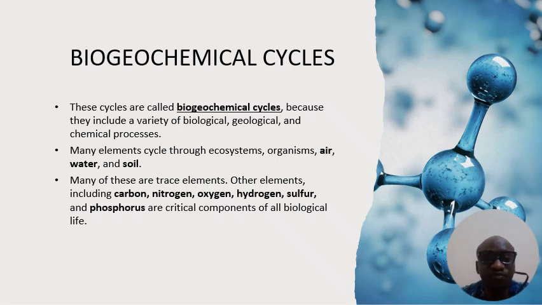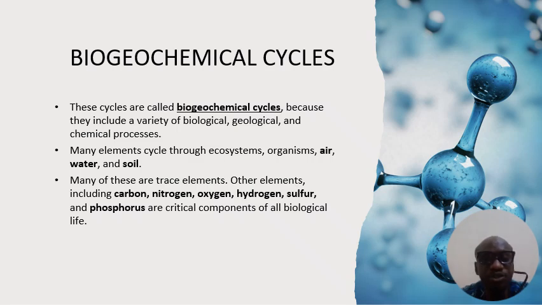The biogeochemical cycles are the pathways through which these chemical elements move through the biosphere, lithosphere, atmosphere, and the hydrosphere. We call them biogeochemical cycles because they involve biological processes such as respiration and photosynthesis, geological processes such as erosion and sedimentation, and chemical processes such as oxidation and decomposition.